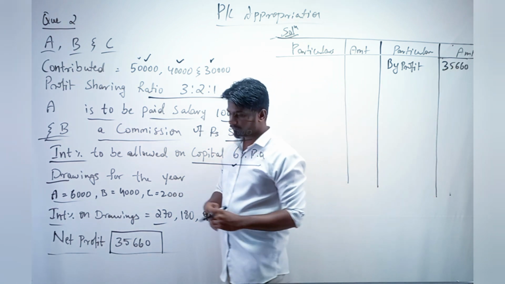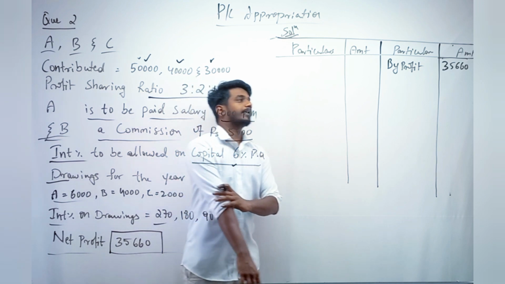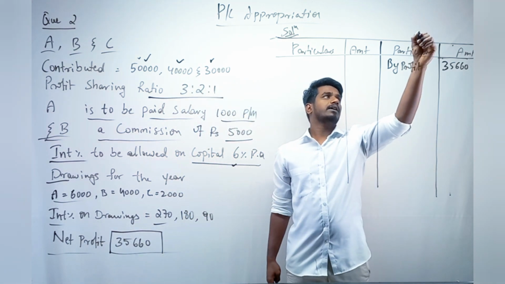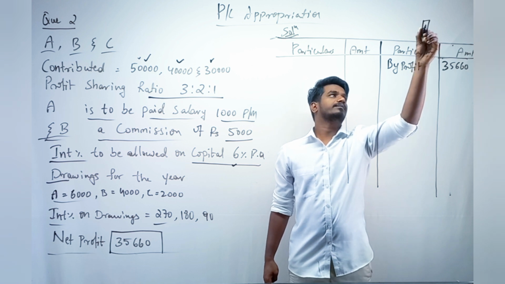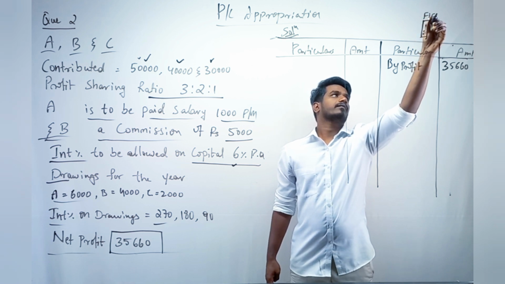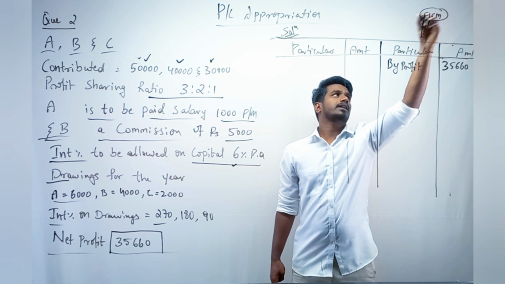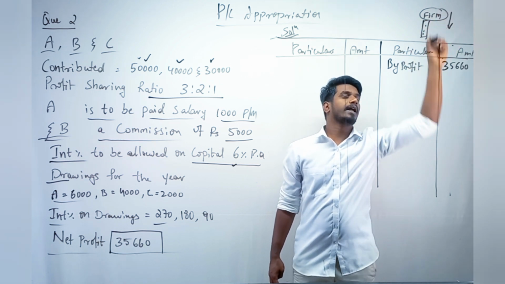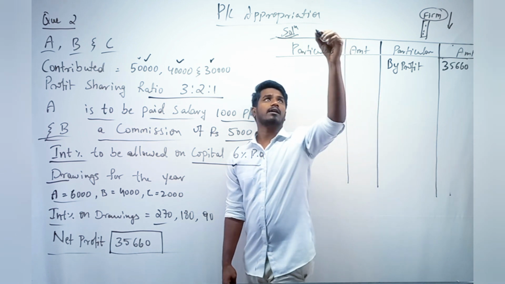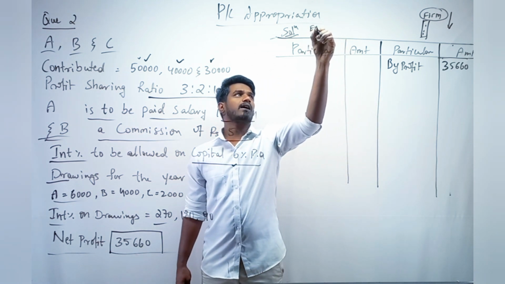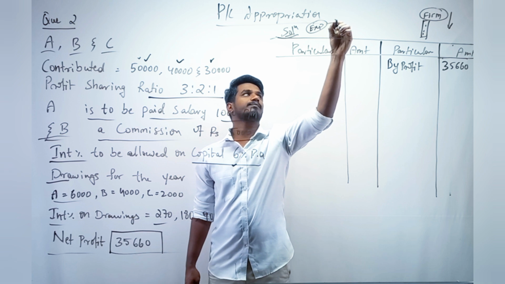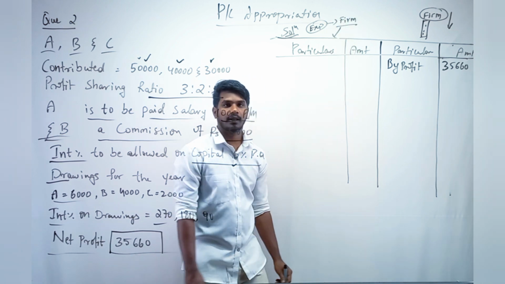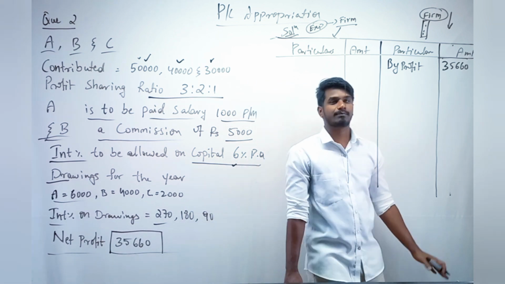While doing P&L appropriation, whatever incomes the firm has, you write on the credit side, and whatever expenses the firm has, you write on the debit side. That is the simple process.